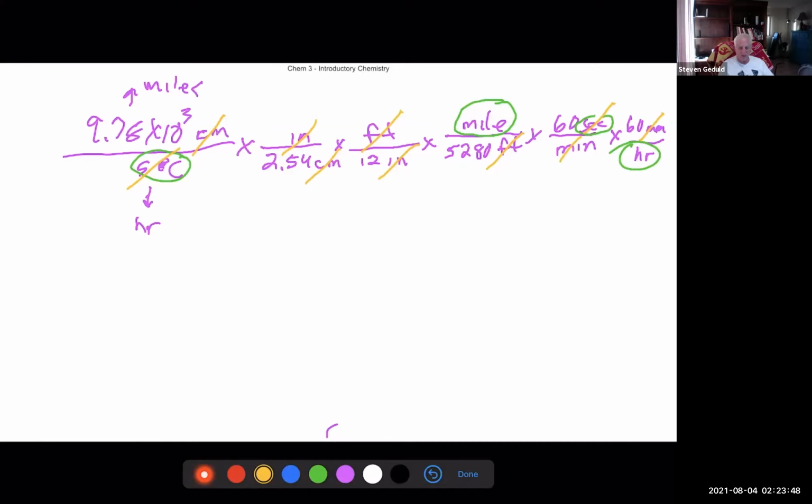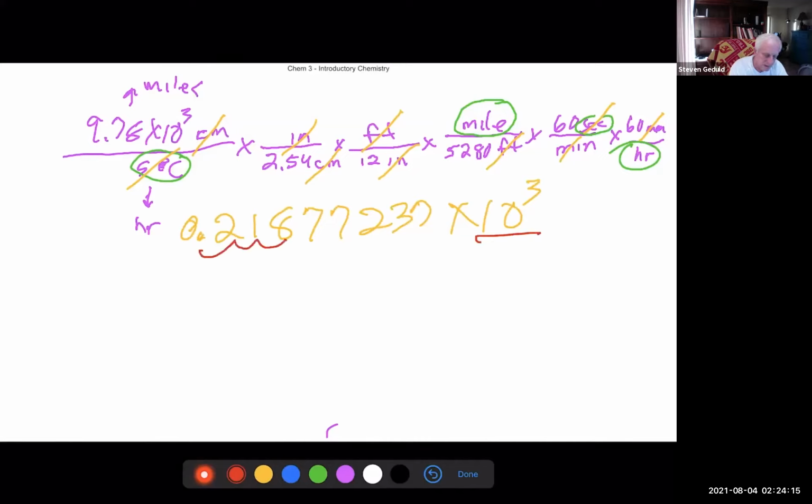And it comes out to 0.21877237, and we put our times 10 to the 3rd. So let's move our decimal point 3 places. 1, 2, 3. That comes out to 218 miles per hour.